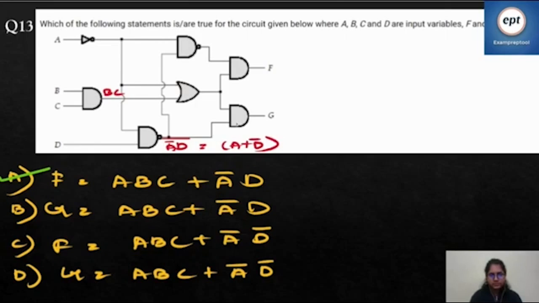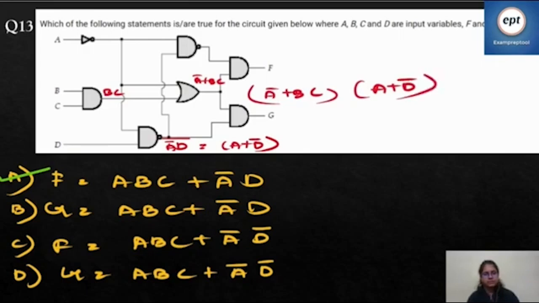So this is one of the inputs, and now the expression will be A bar plus BC. This is one input, A bar plus BC, and the other input here is A plus D bar. So these are the inputs we got.